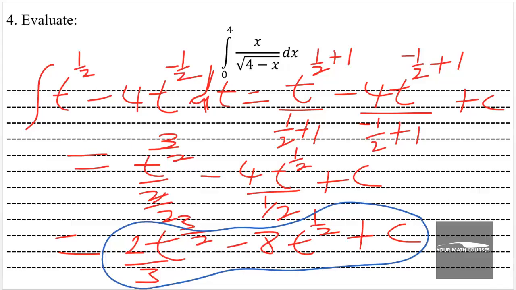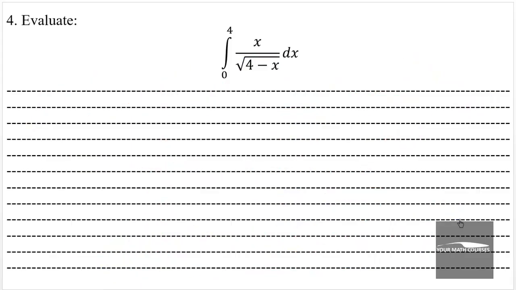So we can now substitute 4 minus x wherever we see t in this value. So we do that. So the integral will now become 2 over 3 times 4 minus x exponent 3 over 2, then we have plus minus 8.